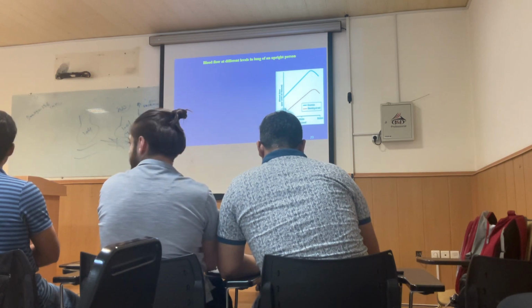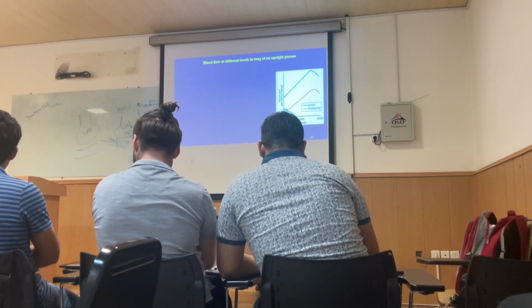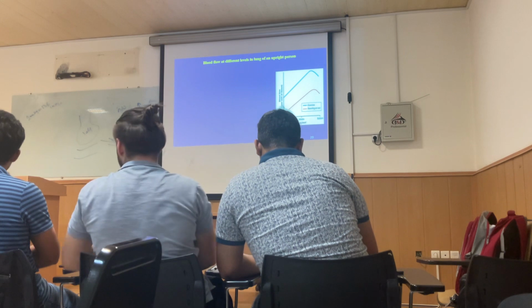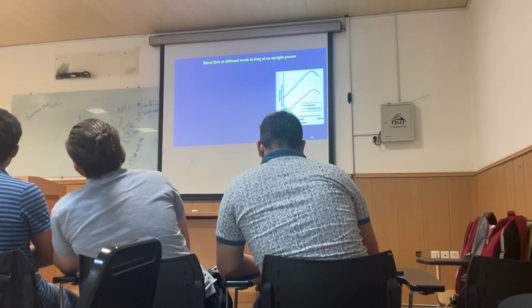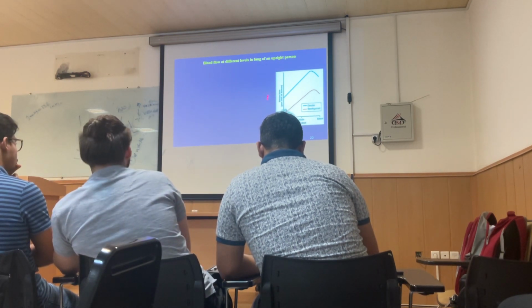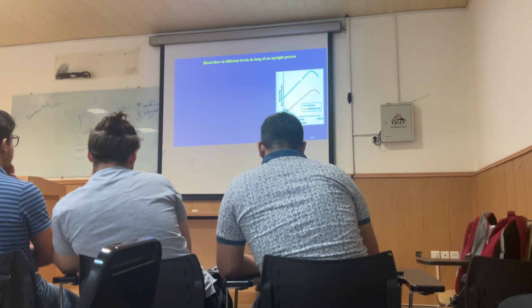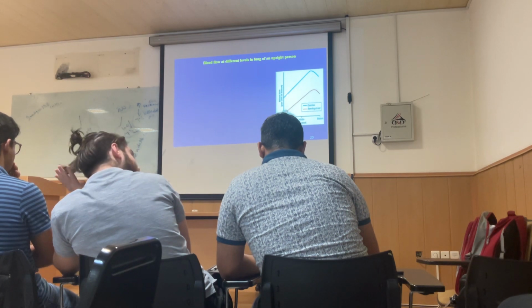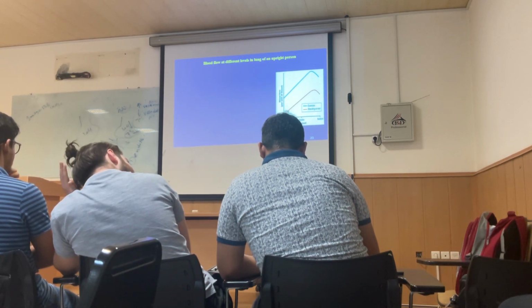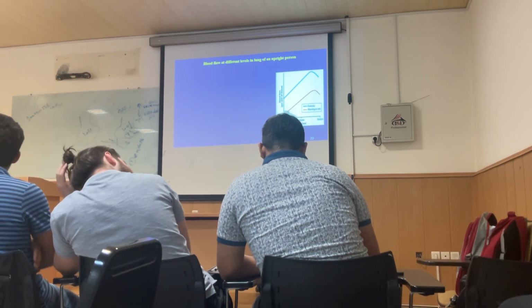When we have exercise, in exercise, you can see that the amount of blood flow for all levels of the lung increases. For the top it increases, for the middle it increases, for the bottom it increases.